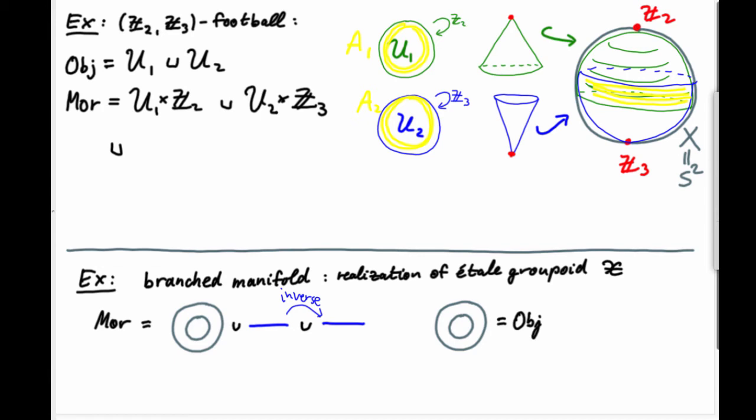I would like to take the pairs of points in these two annuli for which, if I think of them as sitting in C as the unit disks now, I want to say that a1 squared is equal to a2 cubed.